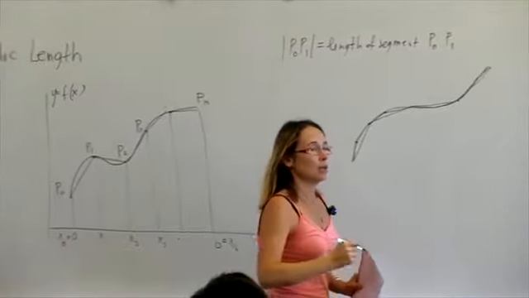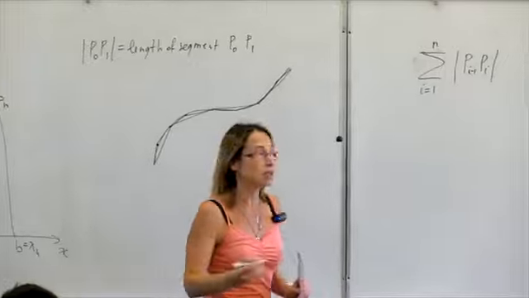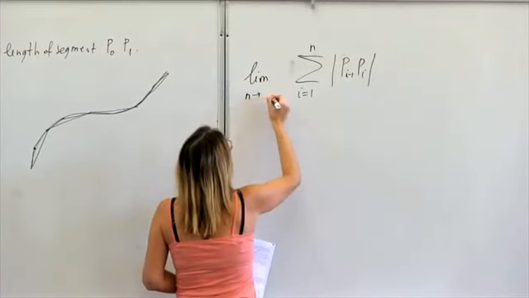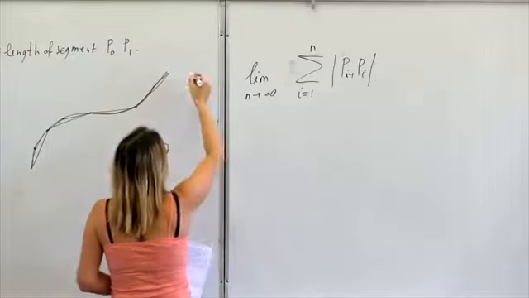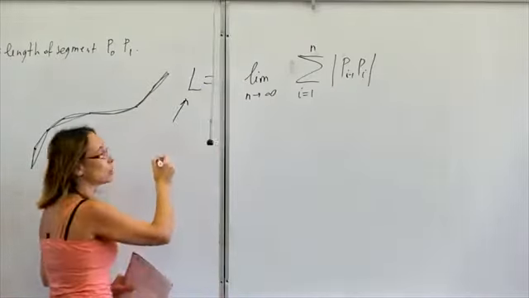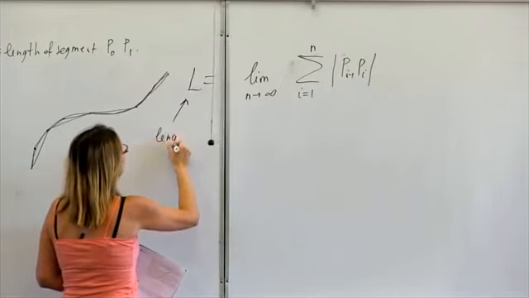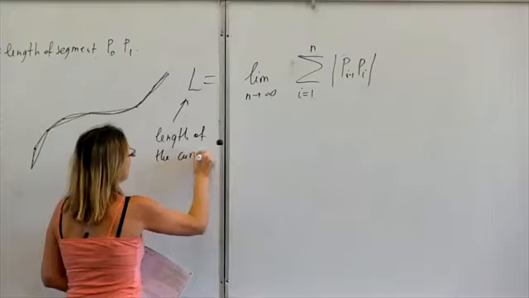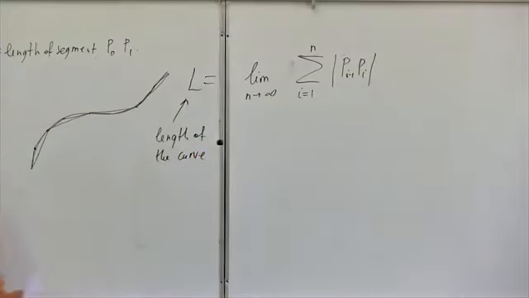We sum them up, and to make the approximation perfect, we take the limit as n goes to infinity. And finally, we say that this is equal to the arc length, the length of the curve. Okay. So this is the definition.